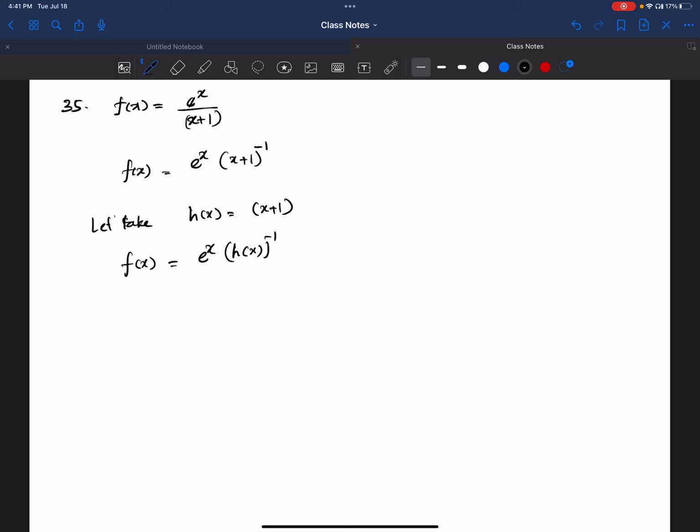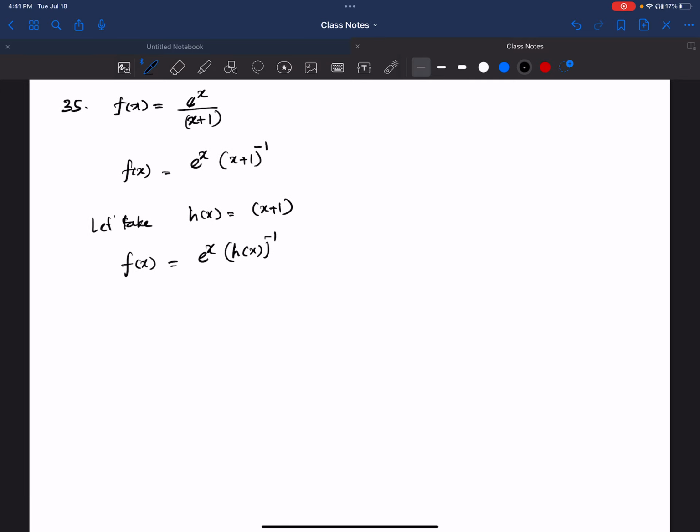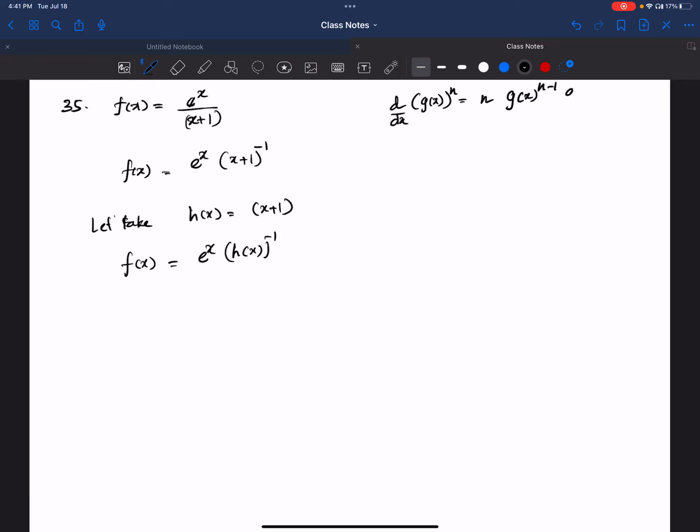We learned from the previous page that d over dx of g of x to the power n is equal to n times g of x to the power n minus 1 times g prime x, right?